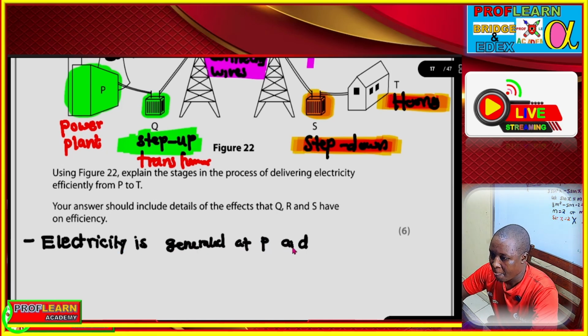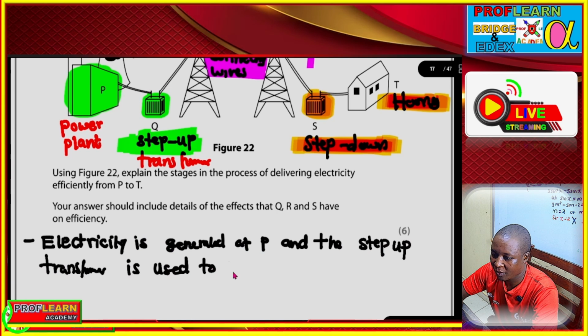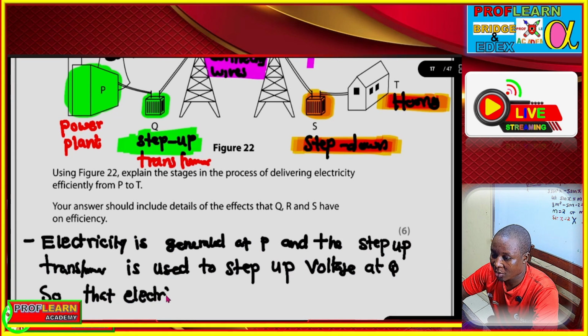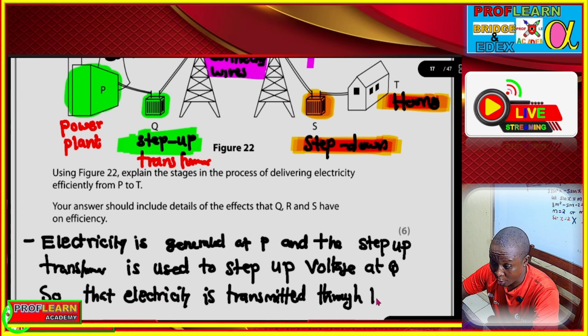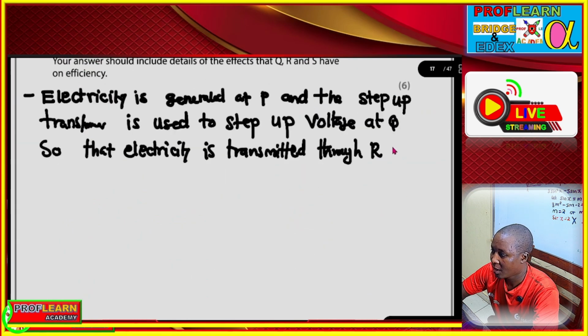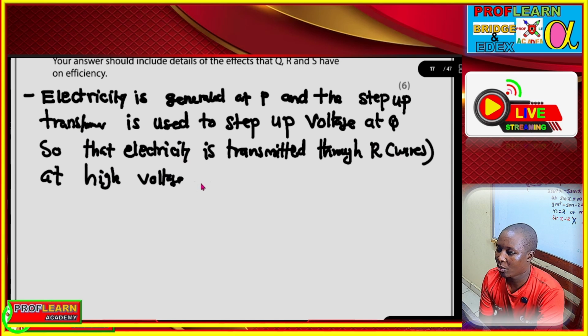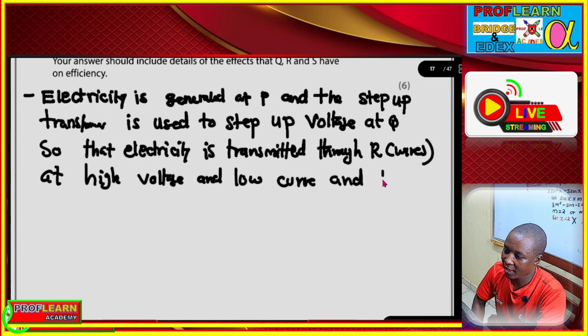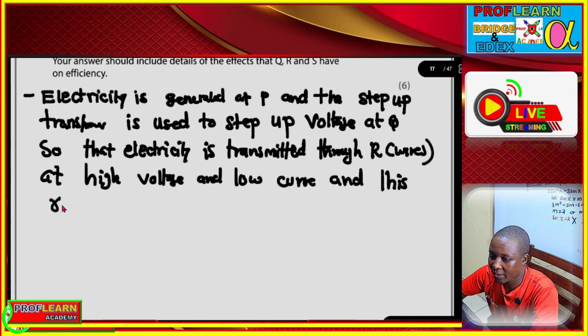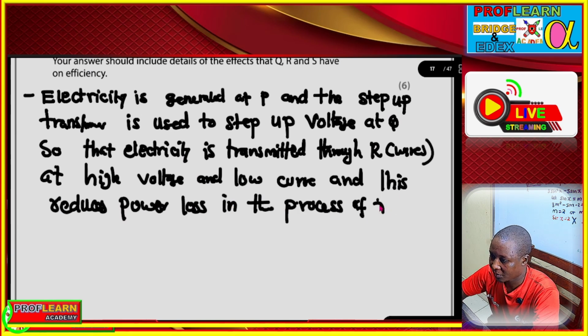Electricity is generated at point P, and remember we need a step-up transformer used to step up voltage, so that electricity can be transmitted at high voltage and low current, and this minimizes or reduces power loss in the process of transmission.